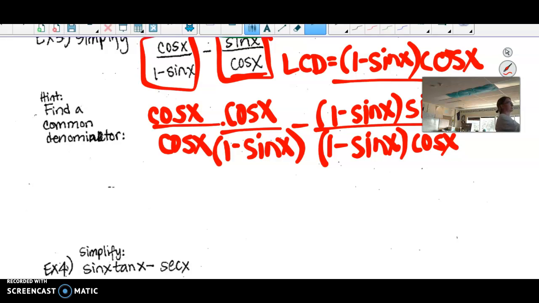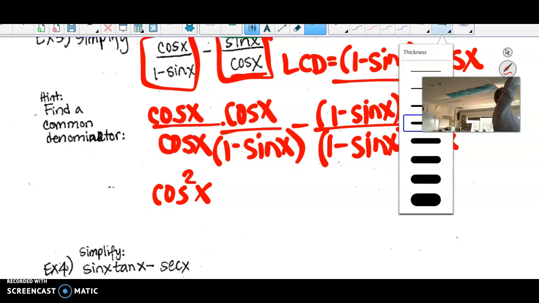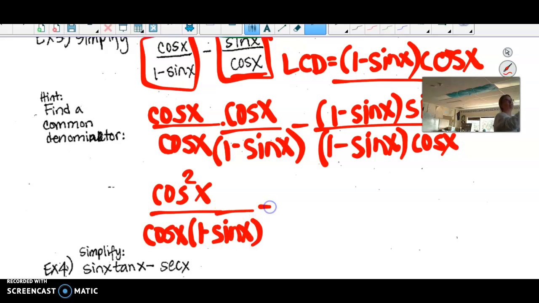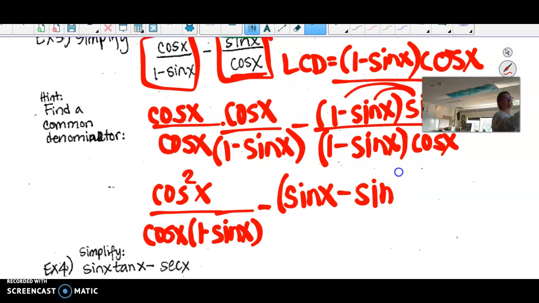So I have cosine of x times cosine of x, which is cosine squared x, over cosine of x times 1 minus sine of x. And then over here, if I distribute the sine of x, this is subtracting this whole numerator over here, minus sine of x, and then minus sine squared x, and that's over this denominator.